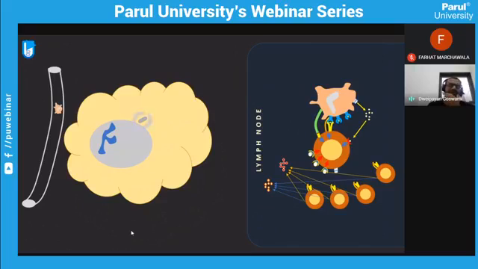Now you need to remember, neutrophil is a phagocyte, but in comparison there are two phagocytes, the large phagocyte and the neutrophil.